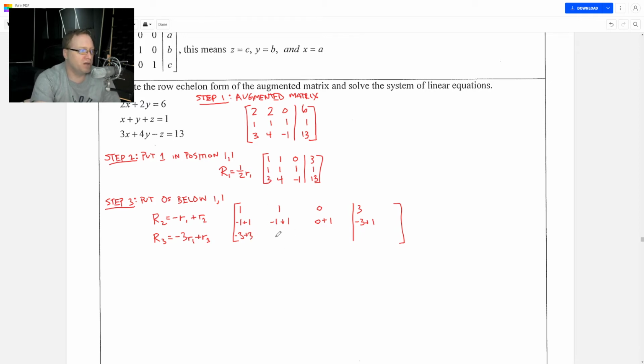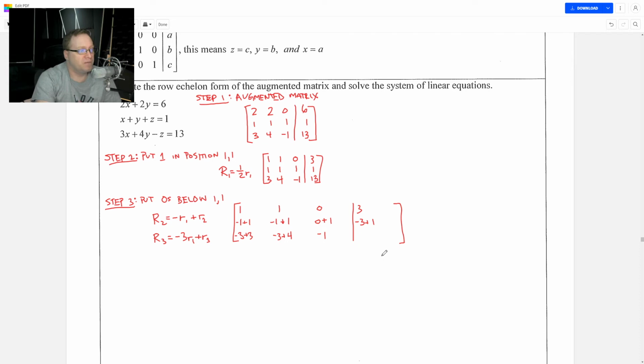Then here we do -3 times old row 1, which is 1, so we have -3, and then we add old row 3, which is this one, 4. Then right here, -3 times old row 1, which is 0, so -3 times 0 is 0, plus old row 3, which is just -1.